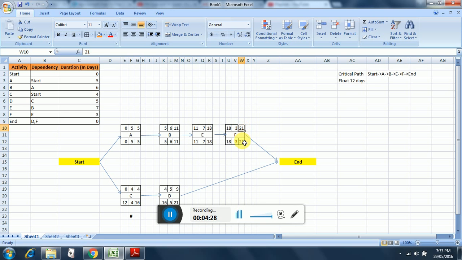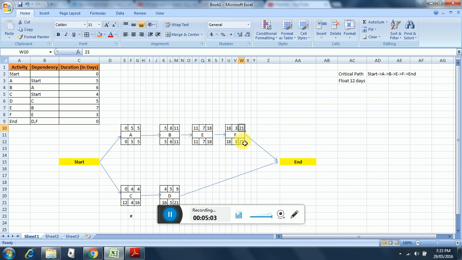So we take 21 and we put it over here, because the logical point here is, even if D completes early on the 9th day, the activity will not end if activity F is still in progress. So activity F completes on 21st day. So you can say that my total time required to complete this particular schedule is 21 days, on the 21st day maximum.